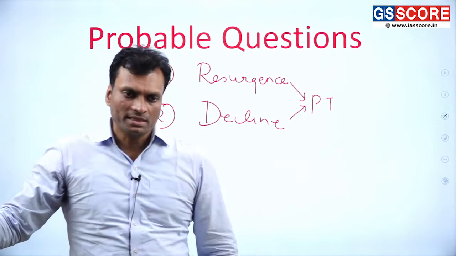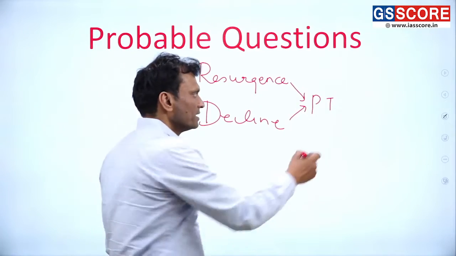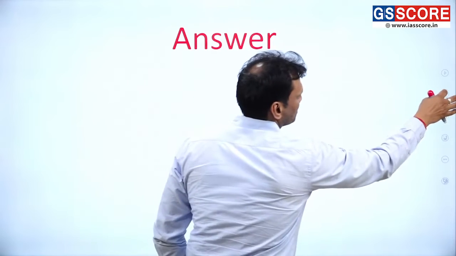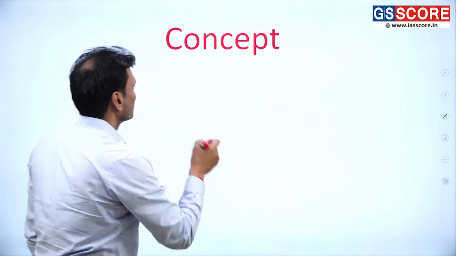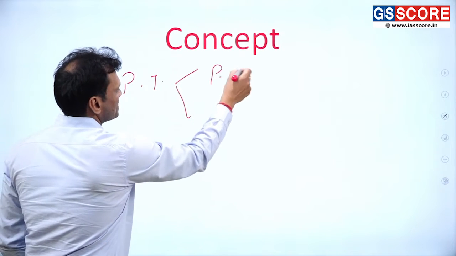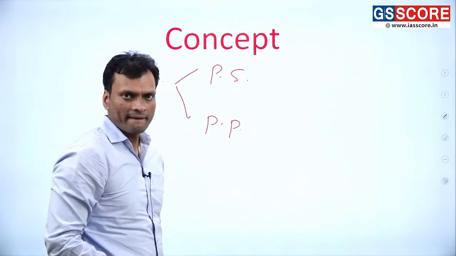So political theory is basically a combination of, you can say, two parts. Let's take it in the concept thing, that political theory has two parts, political science and political philosophy, right?